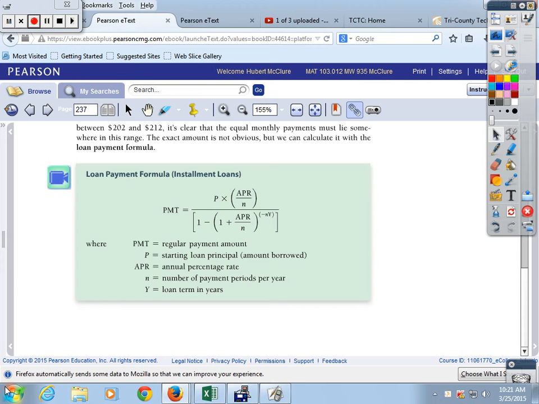The only thing I would make different is that I don't like this negative nt power.